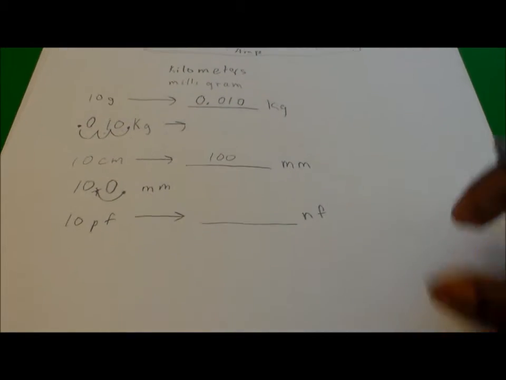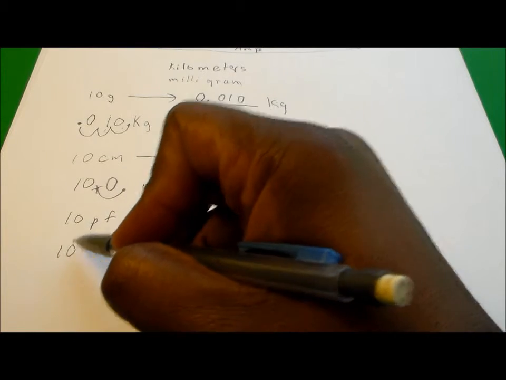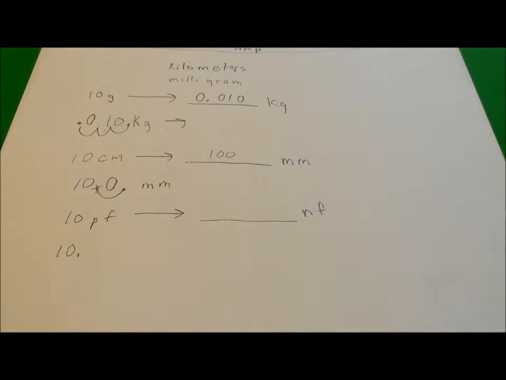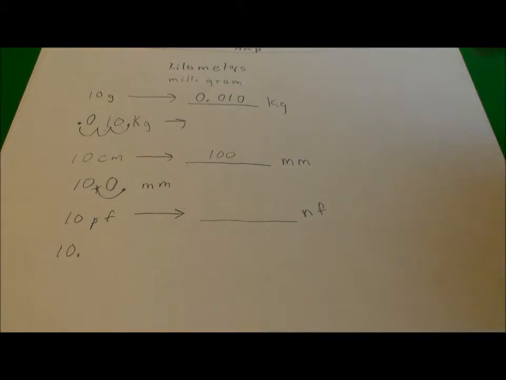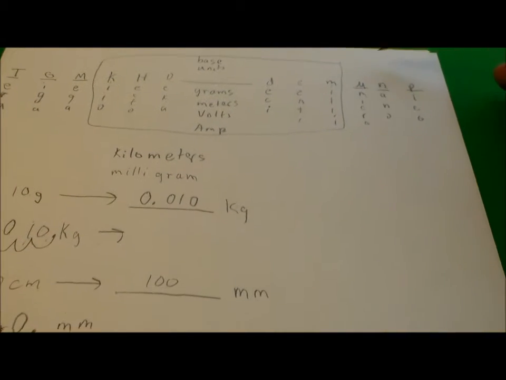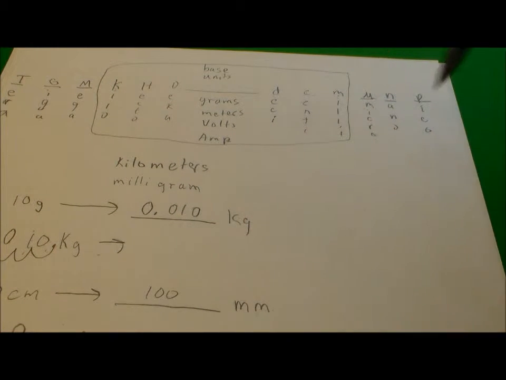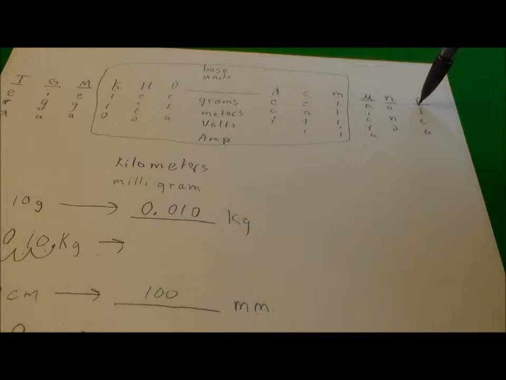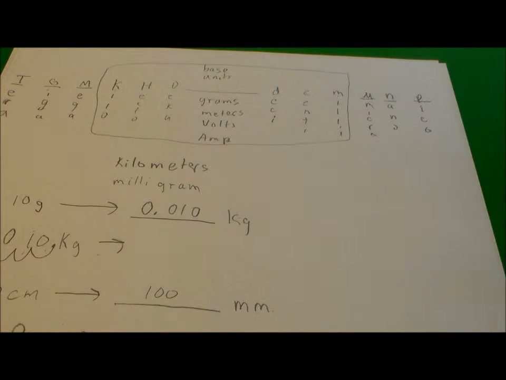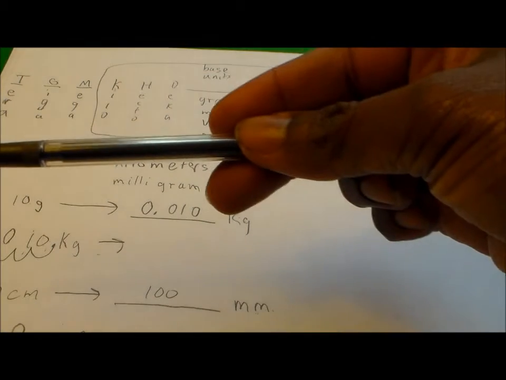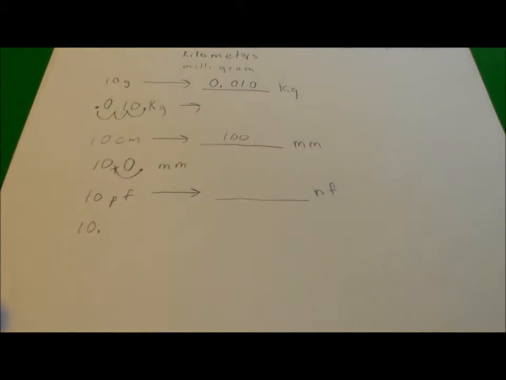All right, so 10, the decimal point is understood to be here, and because it's a 3 place jump between the pico and the nano, that means we have to move the decimal point 3 times towards our left.